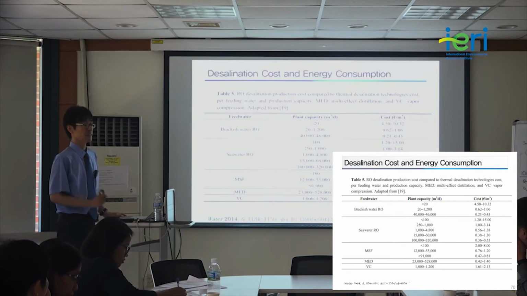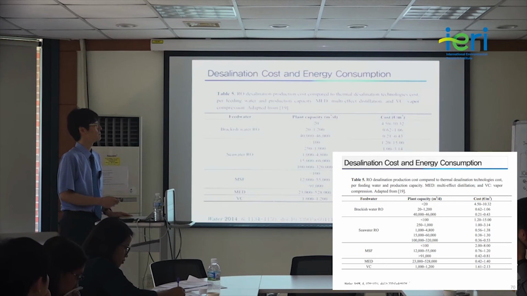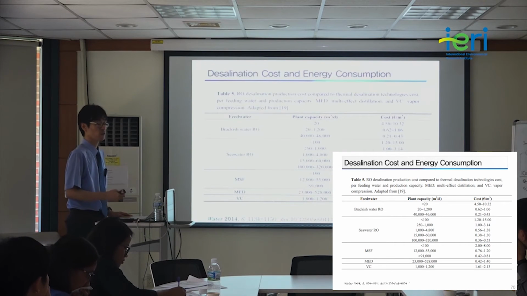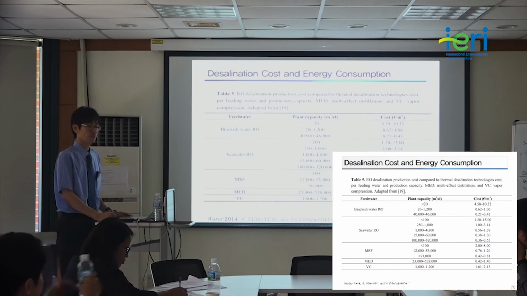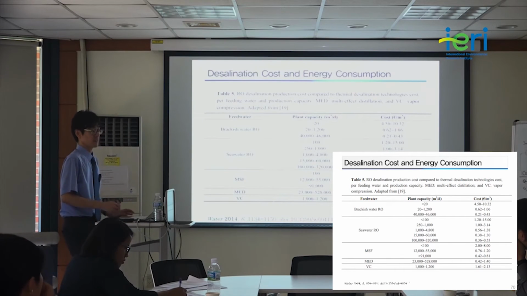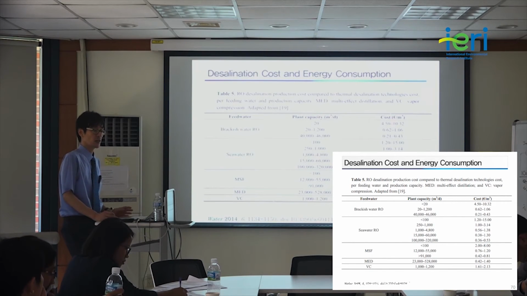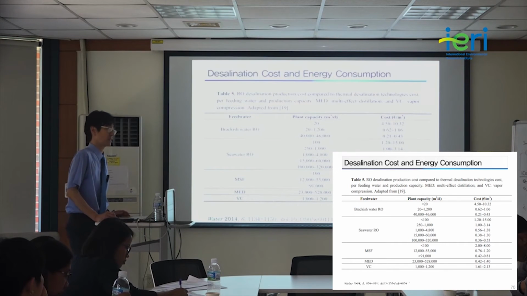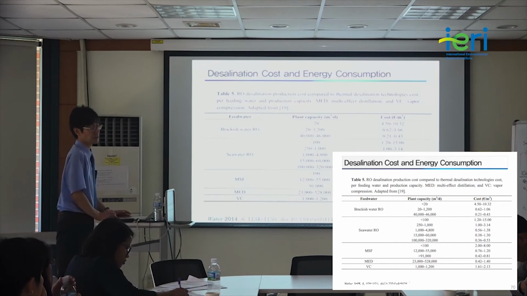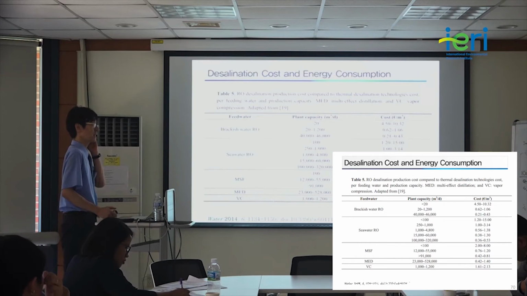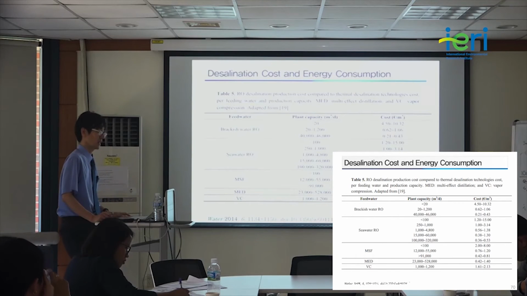And if you increase the size of the plant, the unit cost, meaning the cost to produce a certain amount of water, decreases, since a small scale plant will use a lot of energy, and the building and operation will be more expensive. So by reducing the plant size, the unit cost will increase.